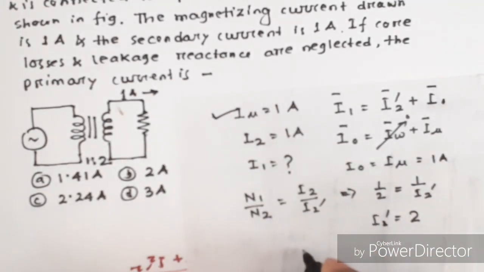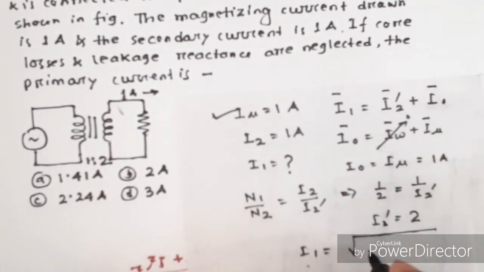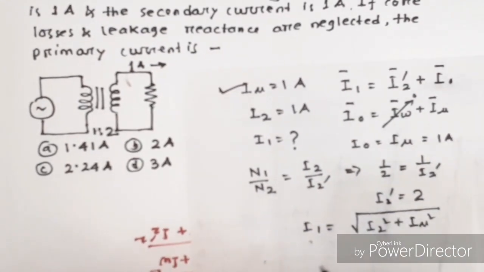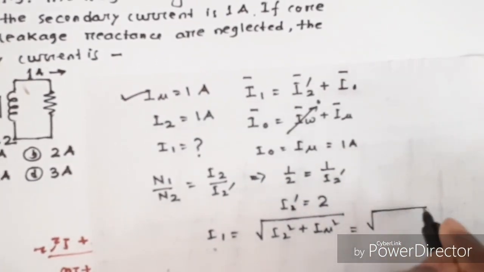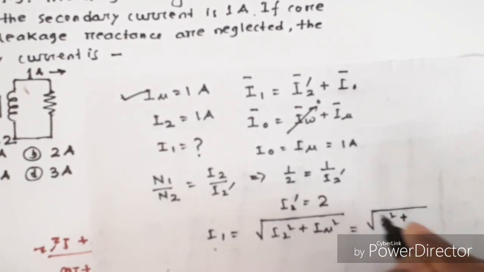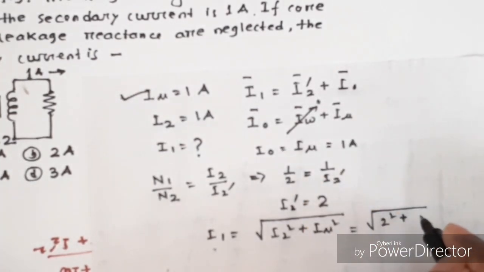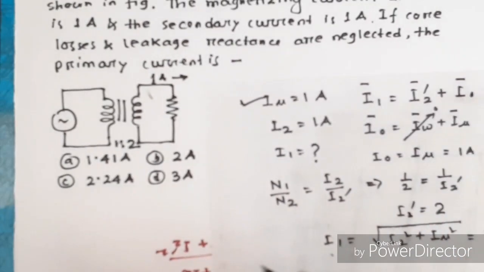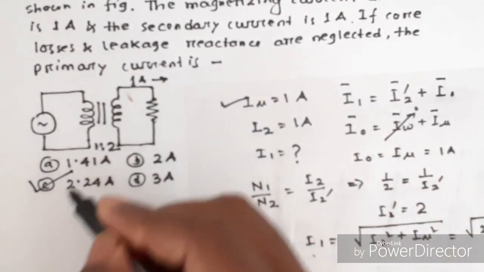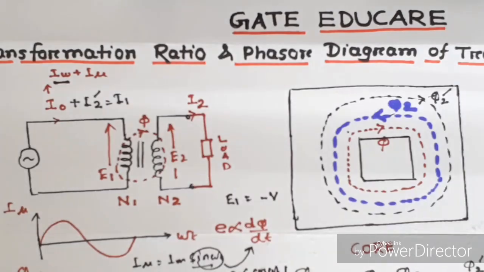Therefore I can write the primary current I1, since it is a phasor sum, as root over of I2 dash square plus I mu square, that is root over of 2 square plus 1 square, which is 2.24 ampere. Therefore 2.24 ampere is the answer.